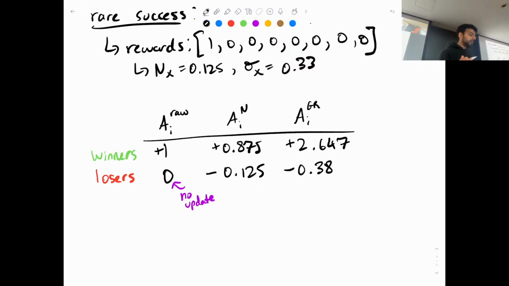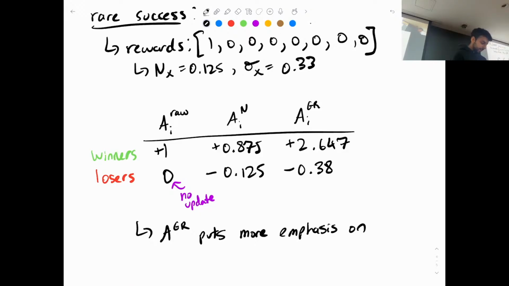So here we are basically putting more emphasis on the rare success. So every time we observe a group like this one, we are giving a strong positive boost to the probability of this rare success.